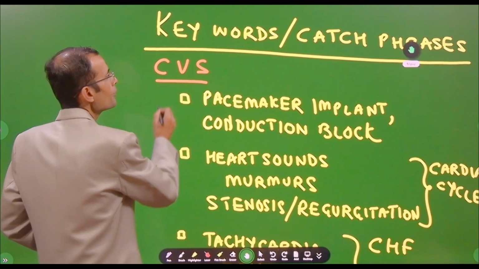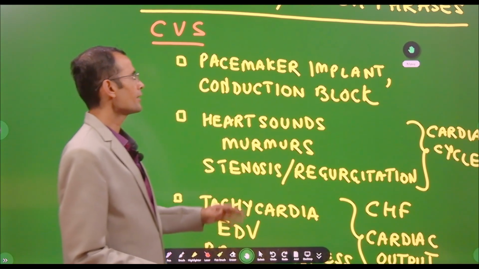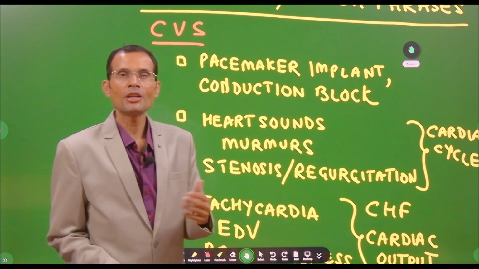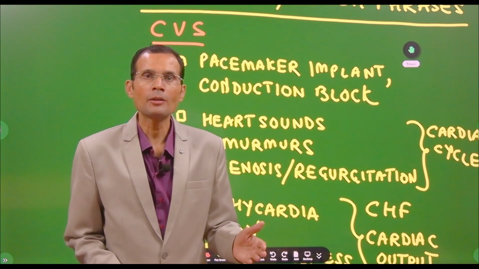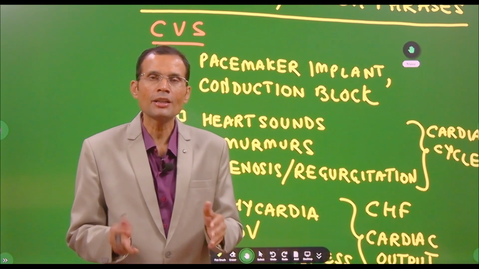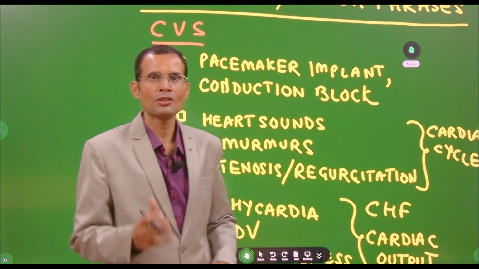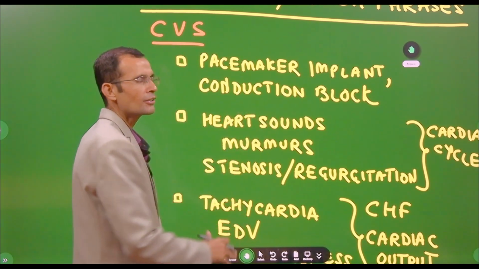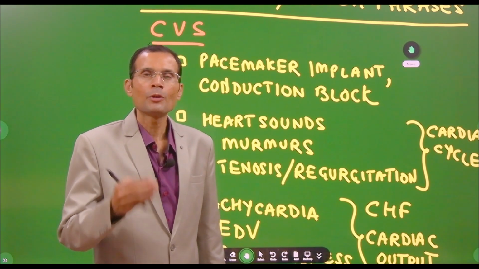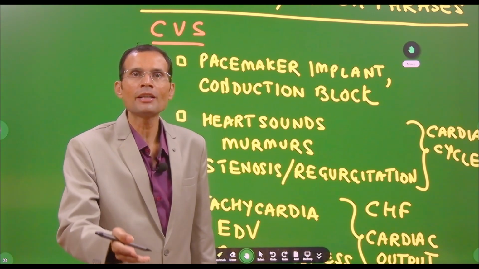Okay, CVS, there will be phrases like pacemaker was implanted, or there was a conduction block, irregular heartbeat. Now these things mean it's about the conducting system of the heart, special junctional tissues, and they will ask you what are the parts of this particular system, etc. Very often the question itself gives you the hint.